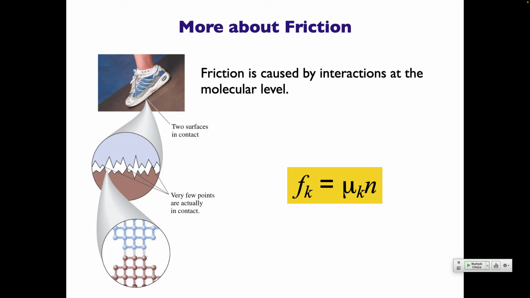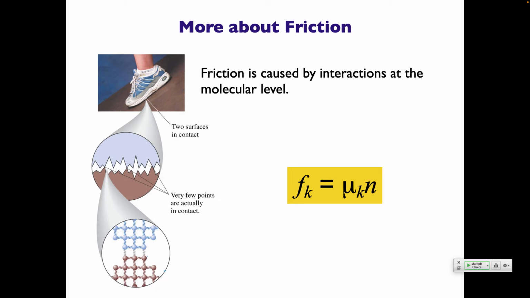So kinetic frictional force is equal to the coefficient of kinetic friction times normal force. Now remember, the interesting thing about this equation is, one, these are not vectors, because kinetic friction is always perpendicular to normal force, okay? So we never write this equation with vectors because they would never be parallel.